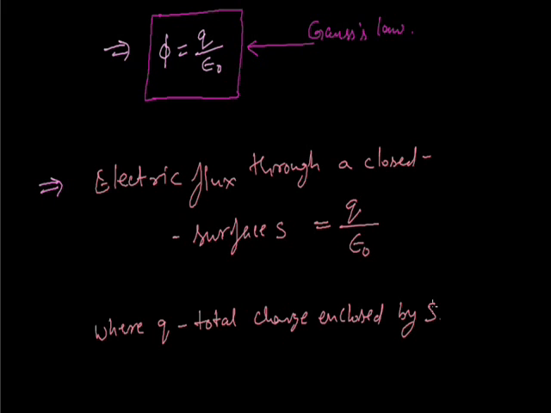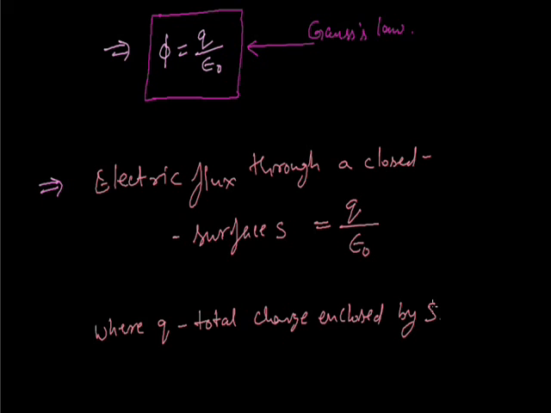The Gaussian surface should completely enclose the charge. Gauss law is true for any closed surface, no matter what the shape or size. The charge q includes the sum of all the charges enclosed by the surface, and the charge can be located anywhere inside the surface.